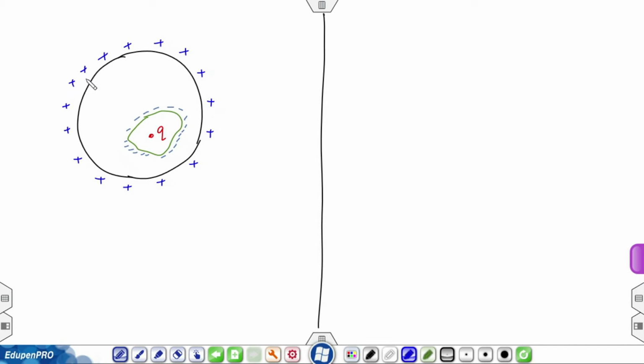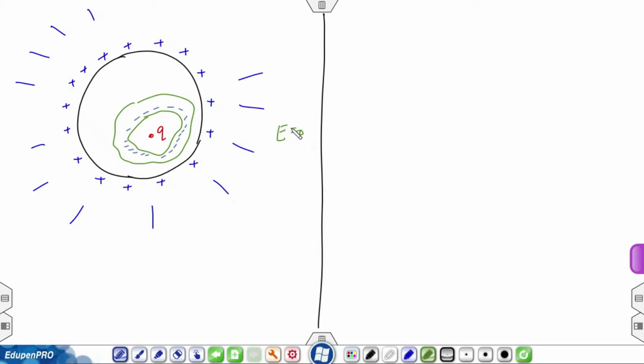So, as far as the outside world is concerned, the field due to this thing in the cavity and around it, field due to this q and the induced charge, gives me E equal to 0.